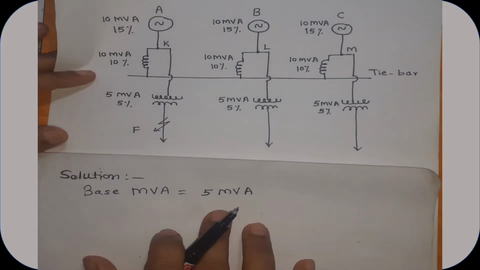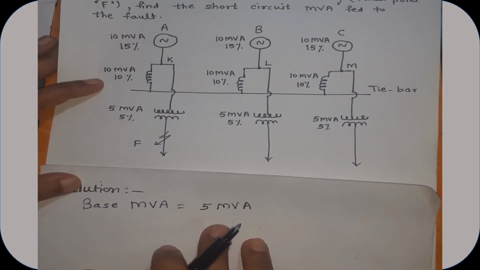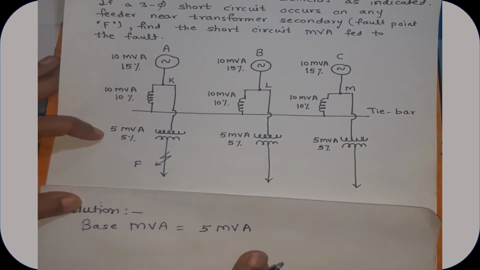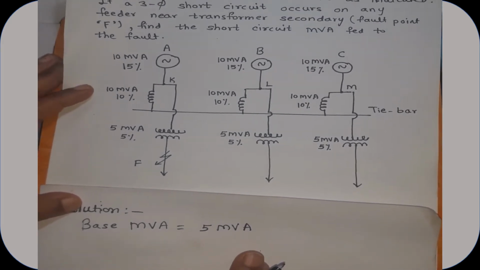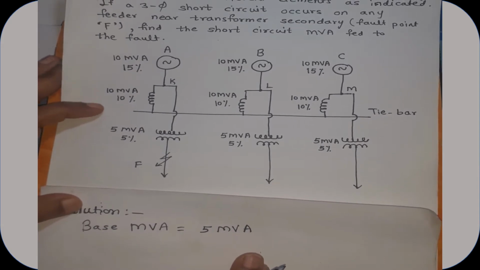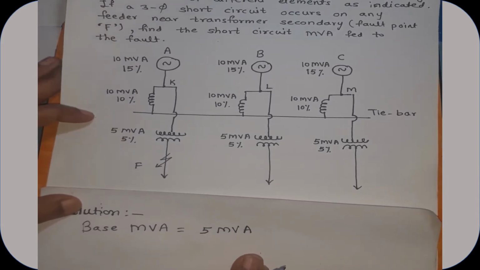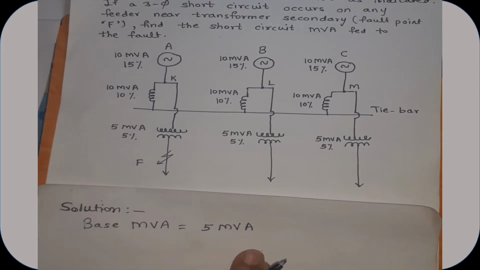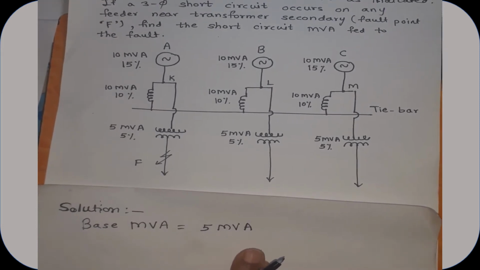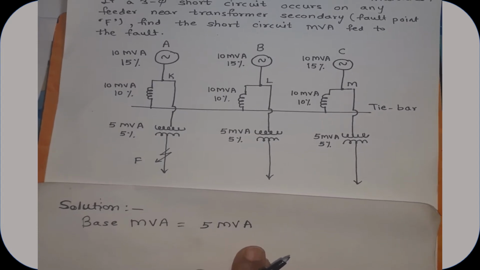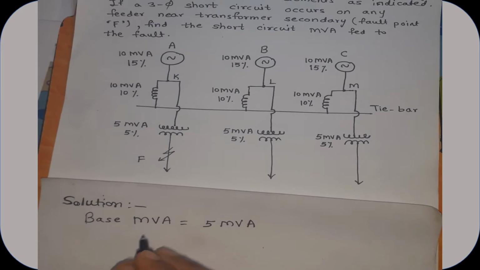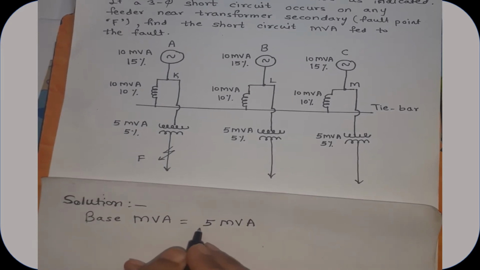You are all well familiar with this selection of base MVA. You can consider any random value or the highest value from this power system, or you can sum up the ratings of all components together and consider that value as the base MVA. So here for simplicity I am considering base MVA equal to 5.